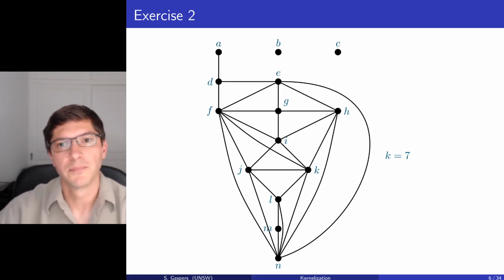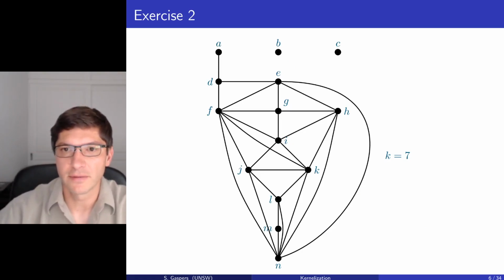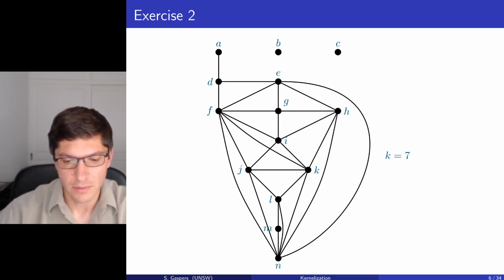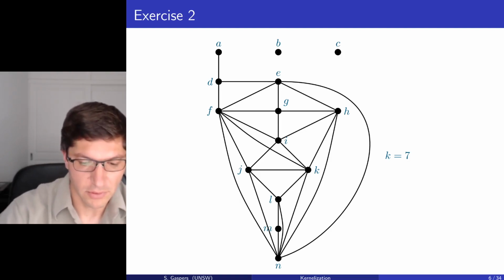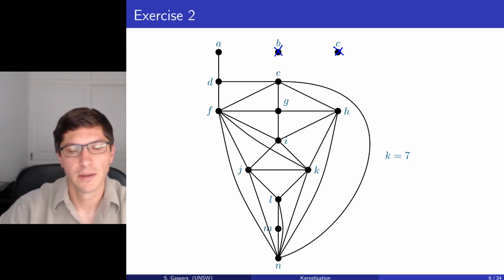Let's try this again. Here we have another graph, and k is 7. So we need to check whether this graph has a vertex cover of size 7. Let's handle our degree 0 vertices and just remove them. We don't need them. They will not help us cover any edges.